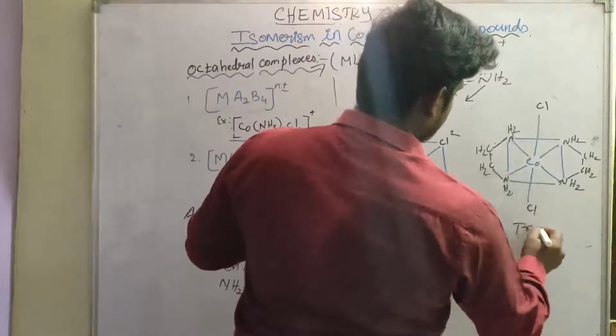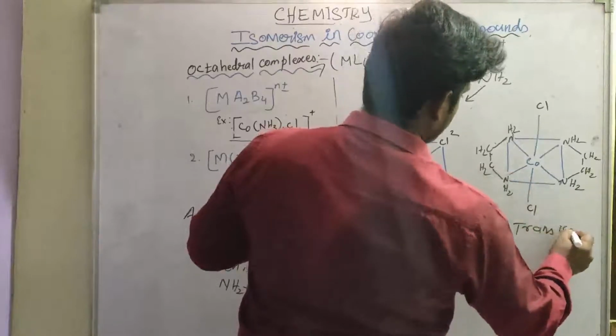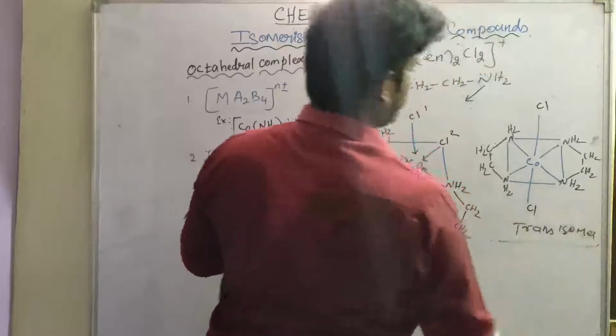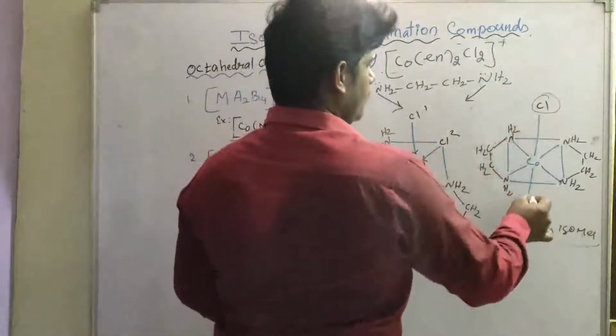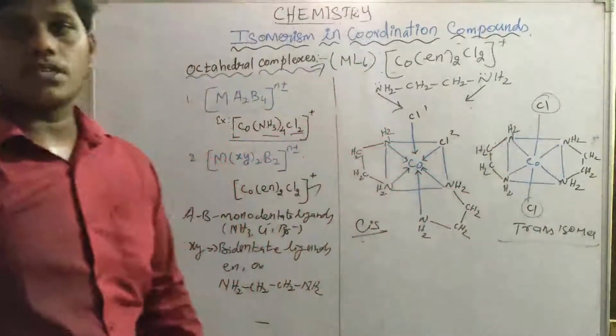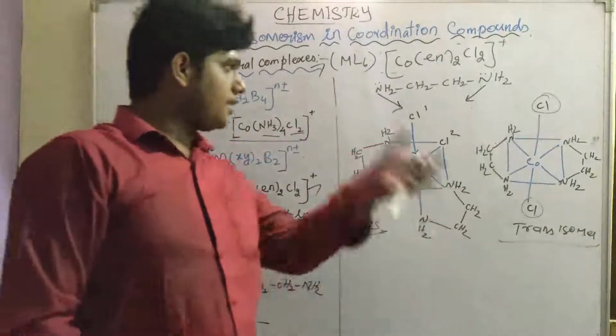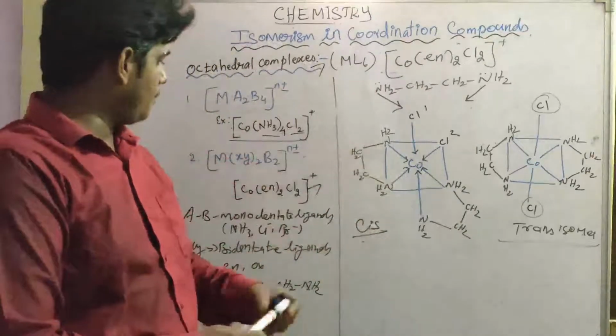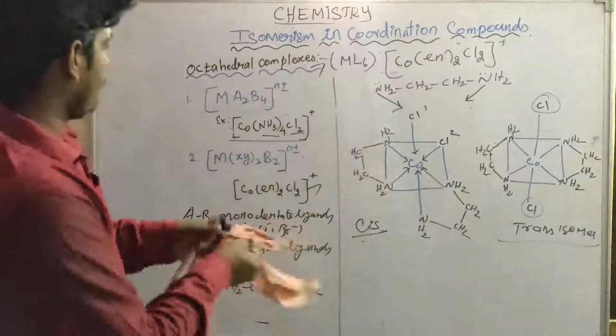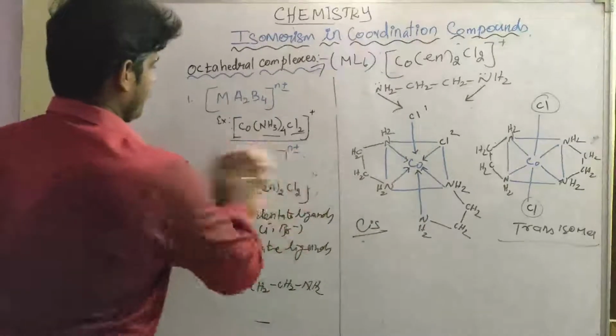So it is called a trans isomer for the octahedral complex because two similar ligands are attached in opposite directions. So these are the cis and trans isomers with ethylene diamine. Now this complex we can write in a simple format.